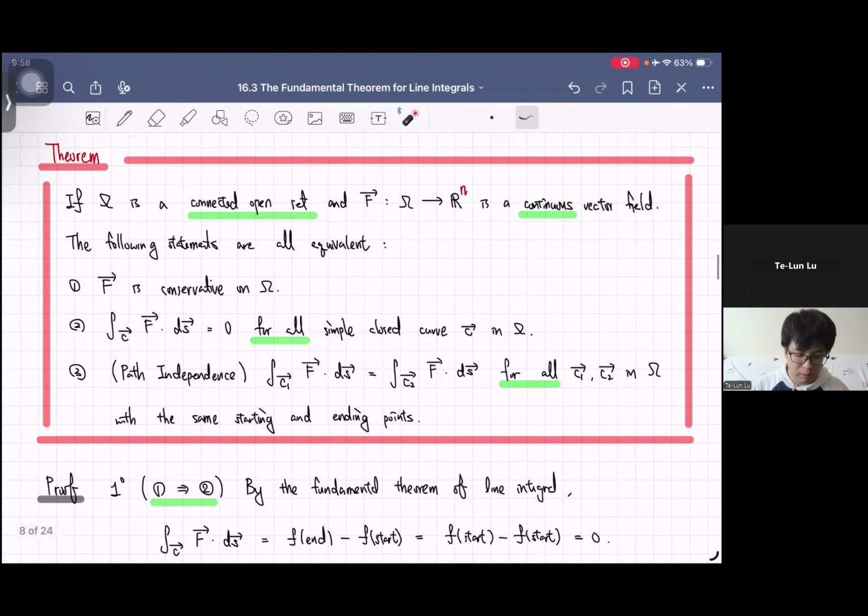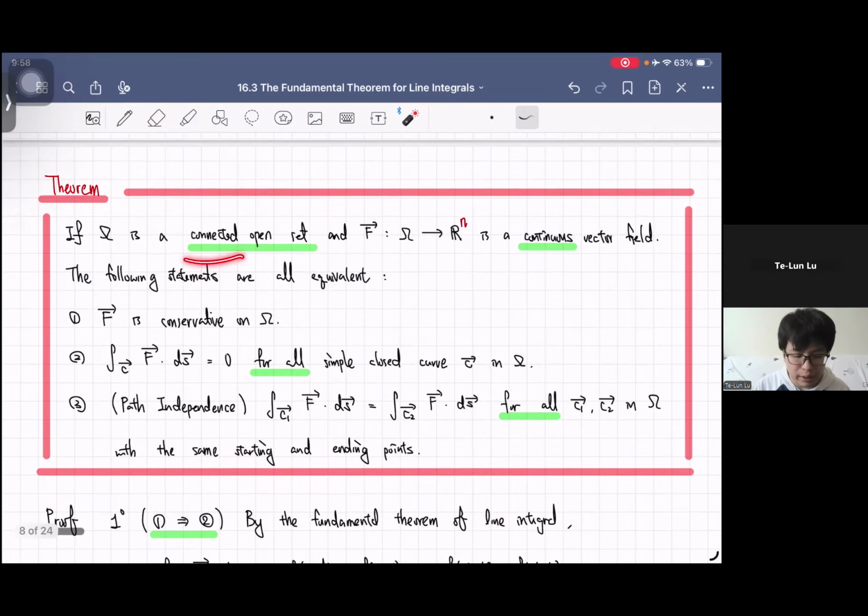So let me state the theorem. In this case, we suppose omega is a connected open set, so you don't have boundary, and every two points can be joined by a curve inside omega. And we have a vector field, which you can suppose lives in Rn. So basically, for a planar vector field or a spatial vector field, this theorem works.